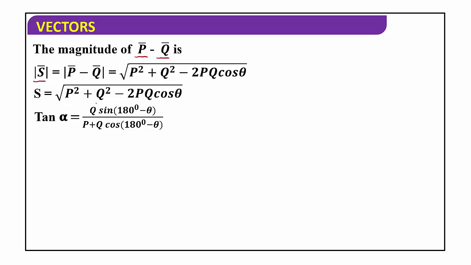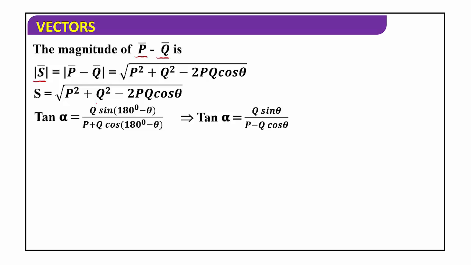In place of theta, we write 180 minus theta. So substituting here, we know that sine of 180 minus theta is plus sine theta, and cos of 180 minus theta is minus cos theta. So we got tan alpha equal to Q sin theta divided by P minus Q cos theta.